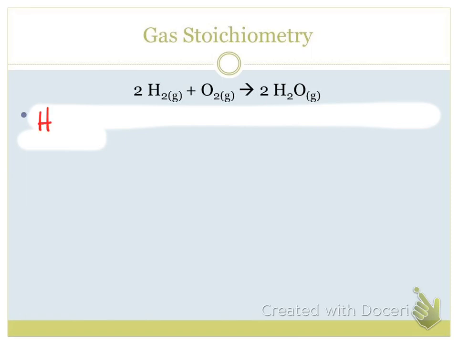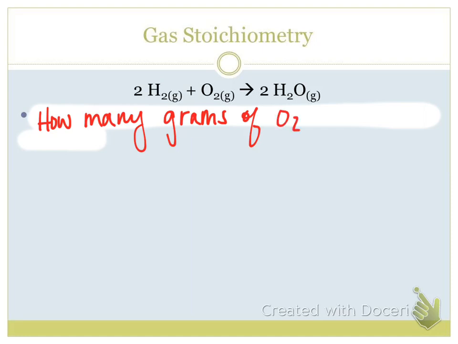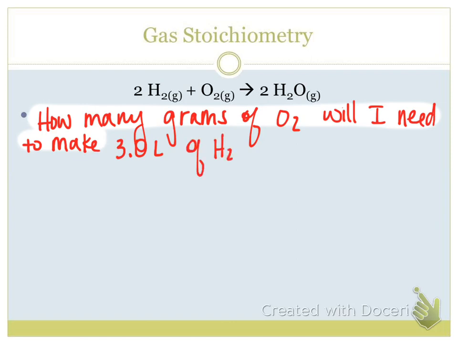Okay, how many grams of O2 will I need to make 3.0 liters of H2O? Okay, and we're going to assume this takes place at 298 Kelvin. Okay, so not at STP, right? This is at room temp.